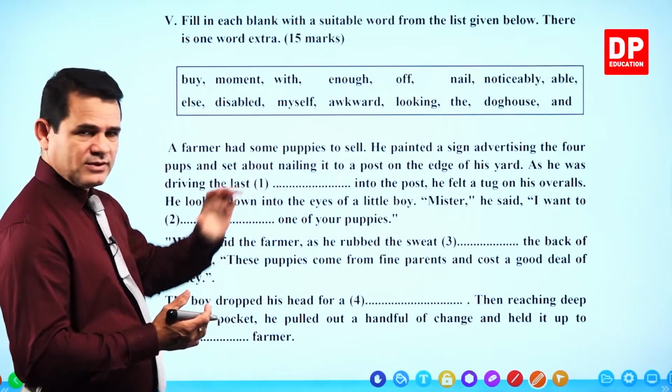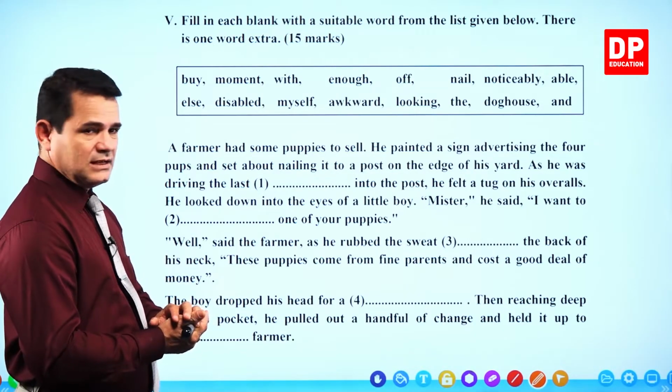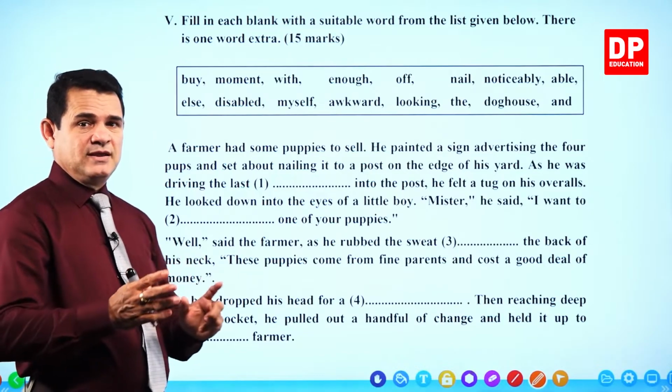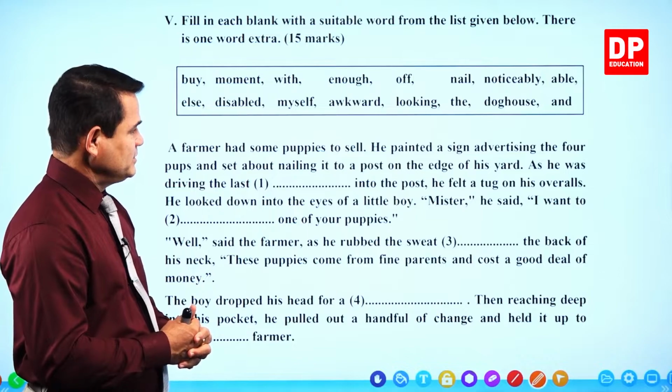අපි බලමු කොටසක්වත් කියවලා. A farmer had some puppies to sell. විකුණන්න තිබුණා. puppies ලා බලු පැටවුන්.